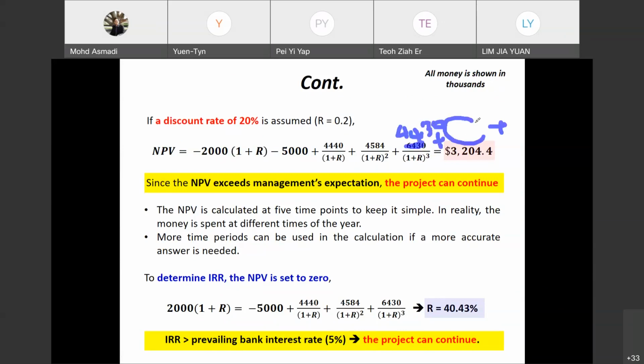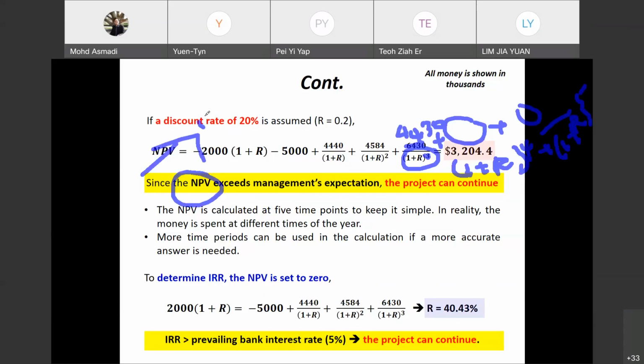And add more: this one is year 3, then divided by 1 plus R for year 4, plus this one divided by 1 plus R for year 5. So you can calculate and get the NPV, and you can get the IRR by making the NPV 0.